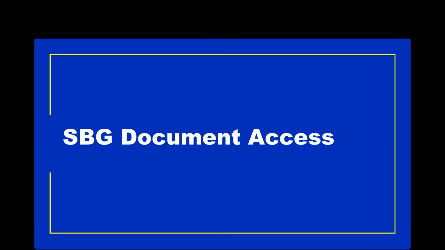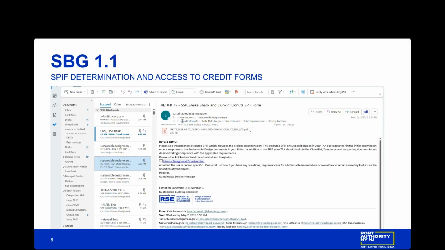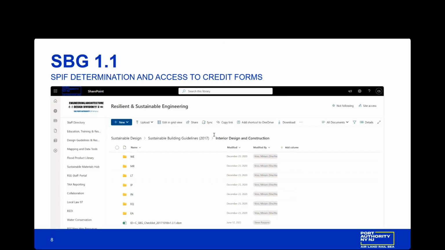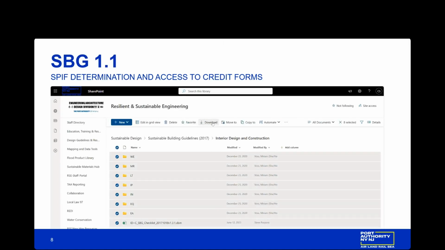We'll now walk through what it looks like to be given Sustainable Building Guideline document access. Once you receive this email from us, this is the response email for the SPIF that you would submit. This basically gives us a determination. I'm here giving a determination for an ID+C. There is a link that basically takes you to our SharePoint site with all of the individual credit category folders for the LEED credits.